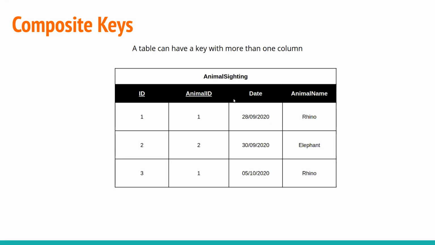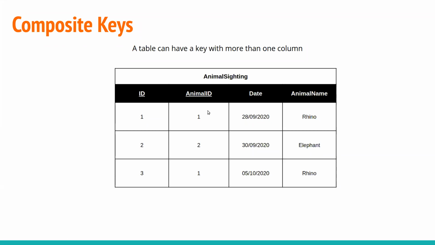Each sighting has a date and each sighting has an animal. But you see the same animal appears multiple times and the same date could also appear multiple times. While I agree you could create a different ID for each record, we're saying definitively here, and you'll see why in a little bit. We'll split things up in a little bit.